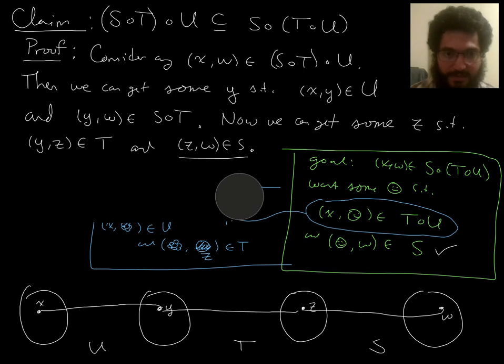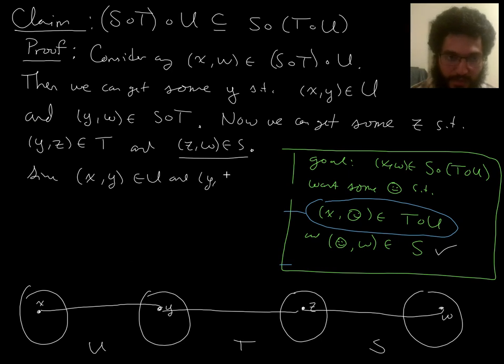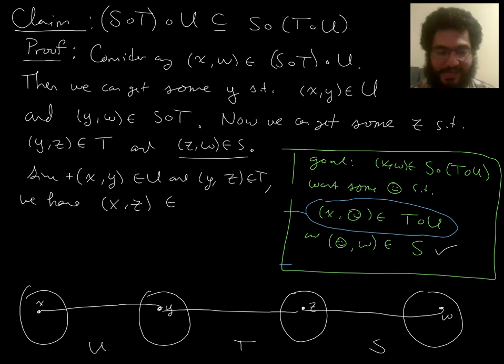Let me get this stuff out of the way. So now we point out that Y is playing the role of flower, since XY is in U and YZ is in T, we have XZ is in, and now just look at this.